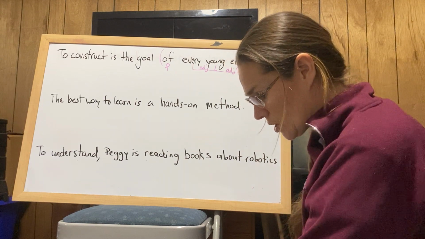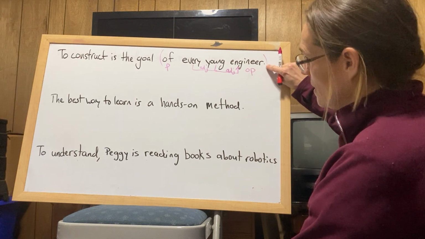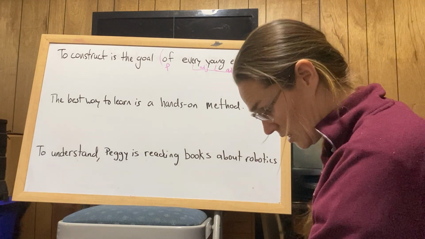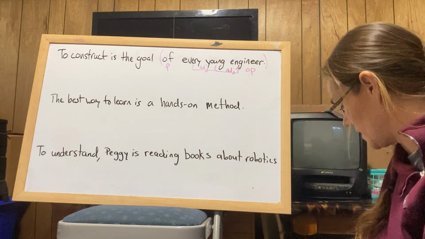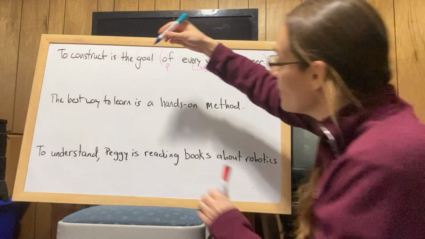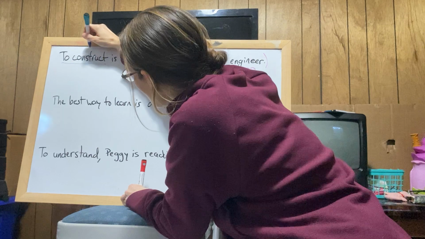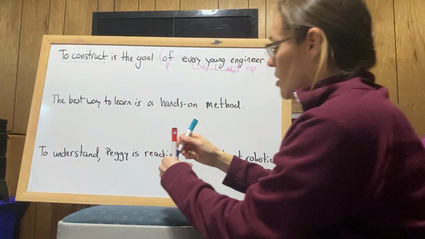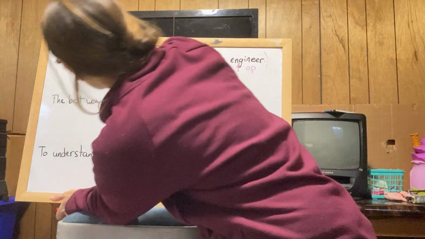So to construct is the goal of every young engineer. This is a sentence, and it is a declarative sentence because it is making a statement. This sentence is about what? To construct. This is our subject, and at the heart of this subject is a verb. So we're going to put a heart over it.